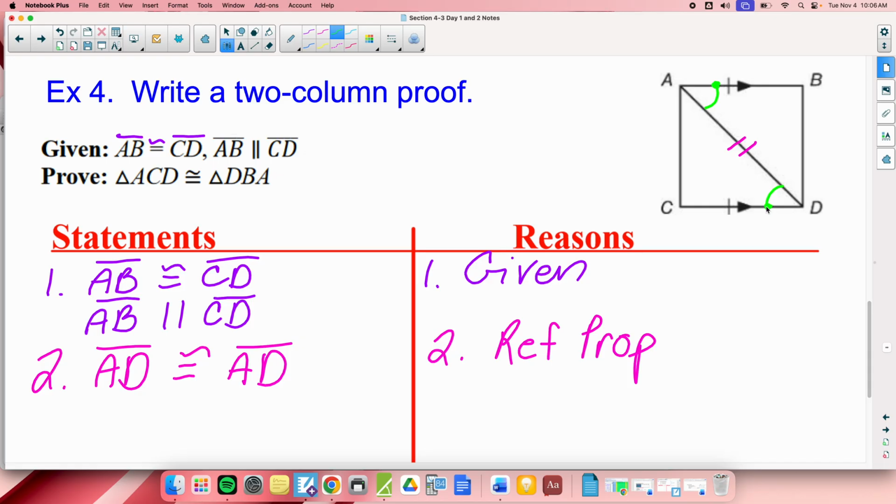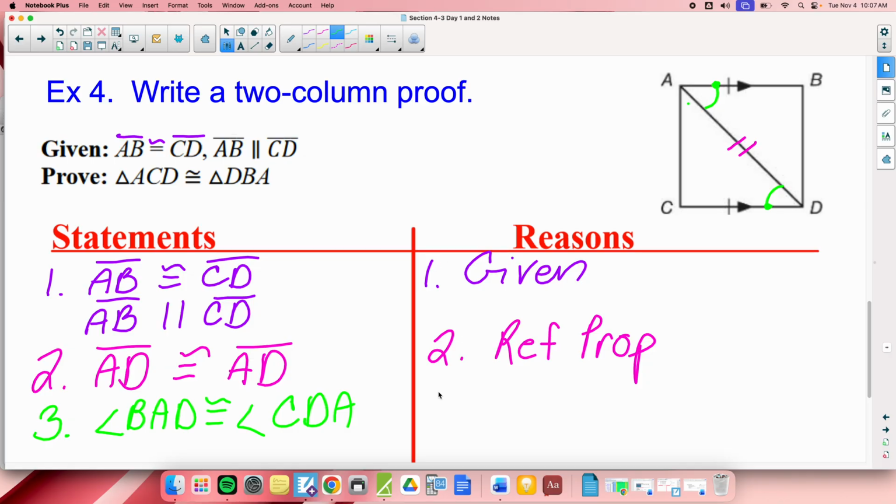And when I do this, we have to use 3 letters to name the angle. So what letter has to go in the middle? A. So I could name this angle BAD or DAB. So I'm gonna go angle BAD is congruent to angle, and then this one D would have to be in the middle, and I could say ADC or CDA.